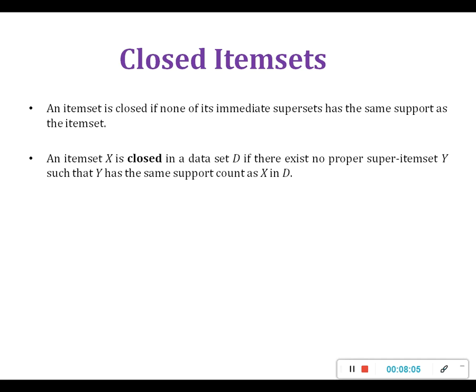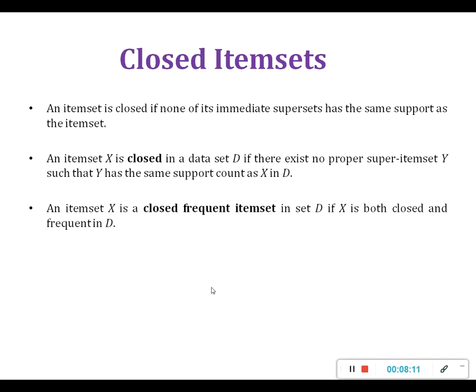If we see this concept by example, then you will come to know more about it. So an item set X is a closed frequent item set if it is both closed and frequent. The terms we have seen before were closed only. Now I am saying closed frequent, which is the combination of both frequent and closed. An item set X is said to be a closed frequent item set in D if X is both closed as well as frequent.